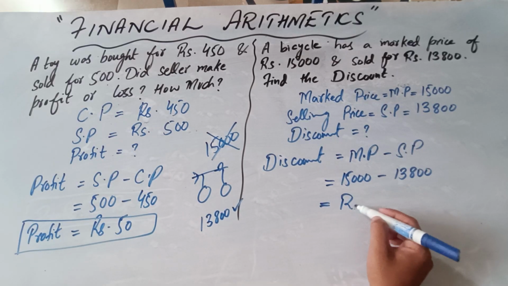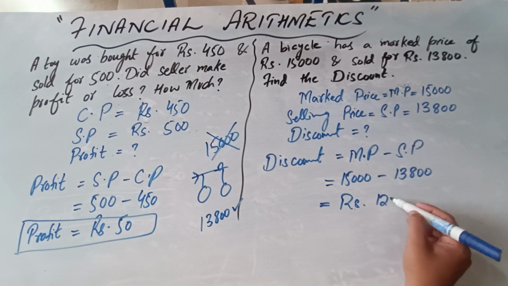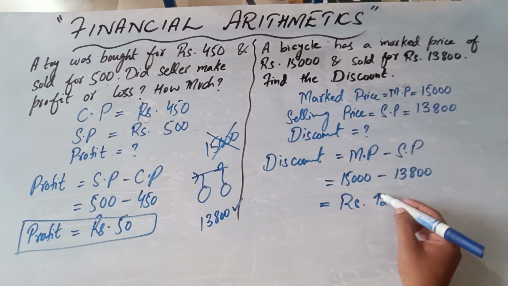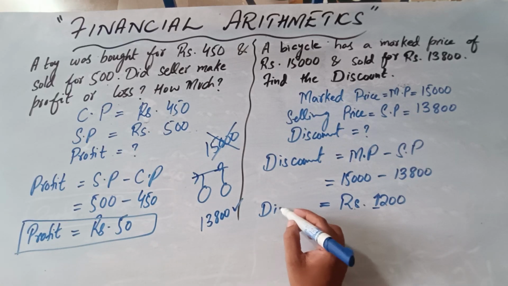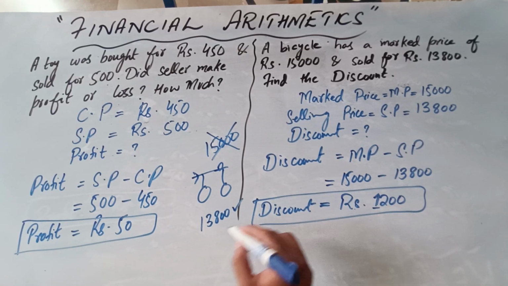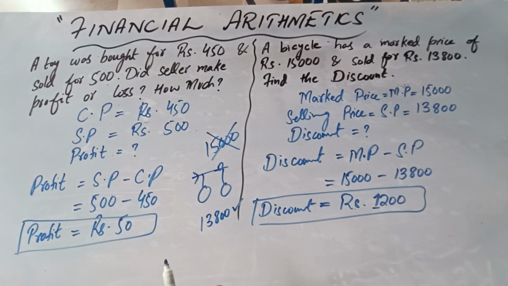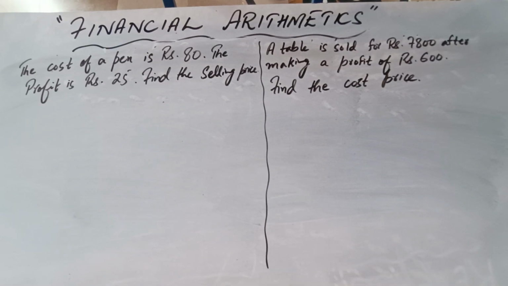So the discount is rupees 1,200. So this is how we can find out discount, marked price, cost price and selling price of a particular item. Now viewers, look at this question.